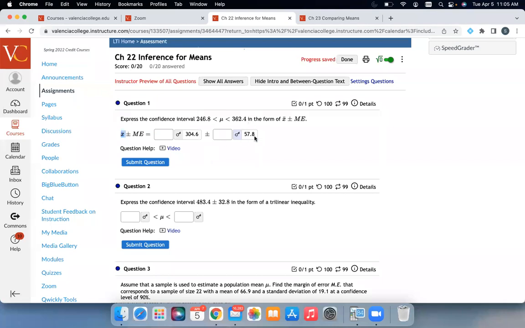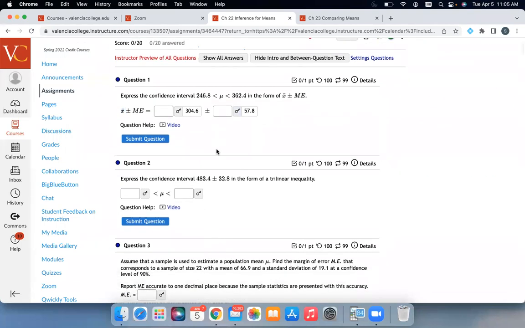Or I could have found the margin of error first, high minus low over 2, and then just did high minus the margin of error to get the guy in the middle. Like, I had a bunch of different ways I could have done this. It's understanding what the interval means, understanding what all these symbols mean, and that's just basic arithmetic here. This is literally the same kind of question, only now we're going the other way.